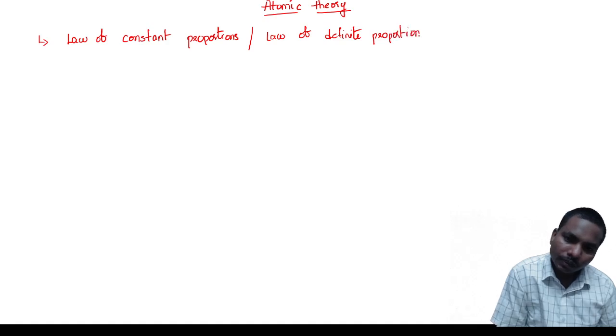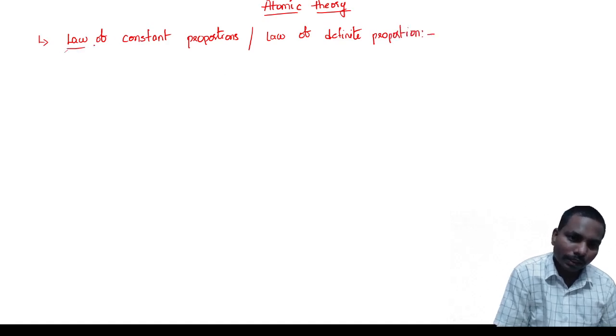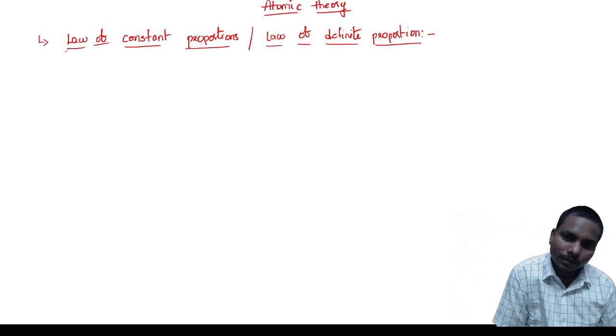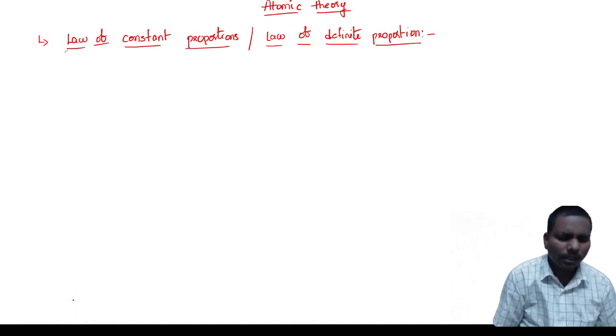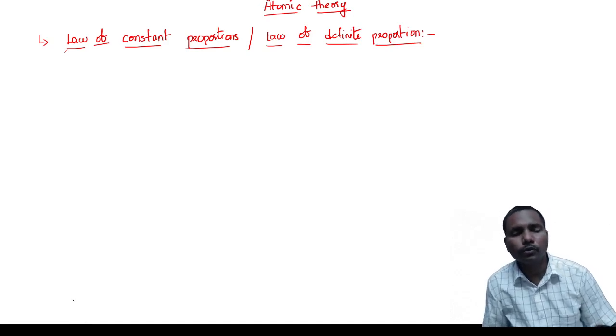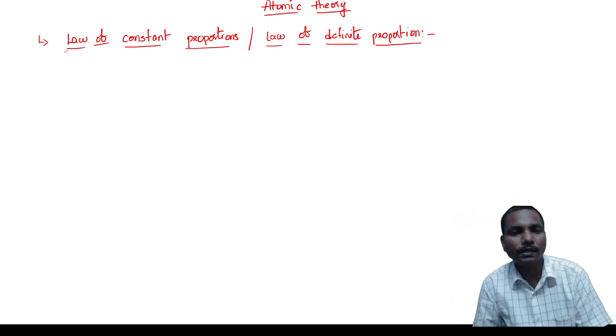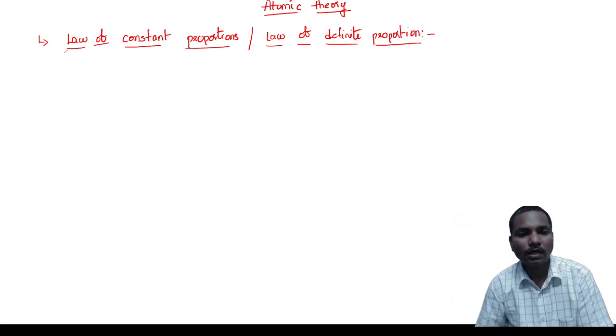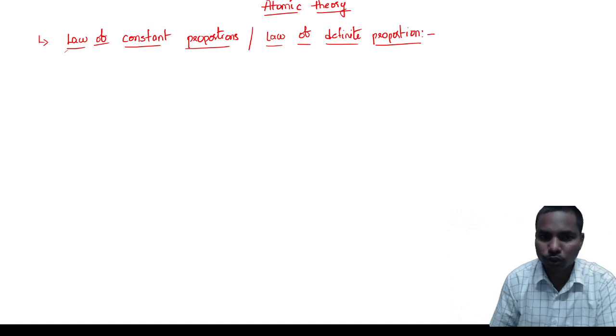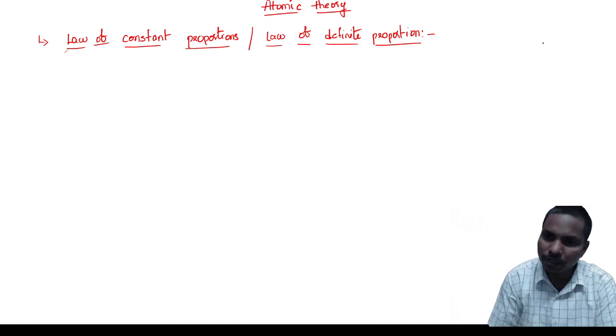It is a very simple concept, guys. If you consider any compound, or many compounds, in all the compounds the elements are in constant ratios. For example, consider water.